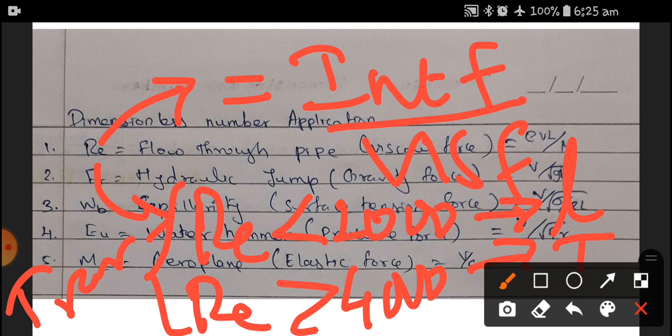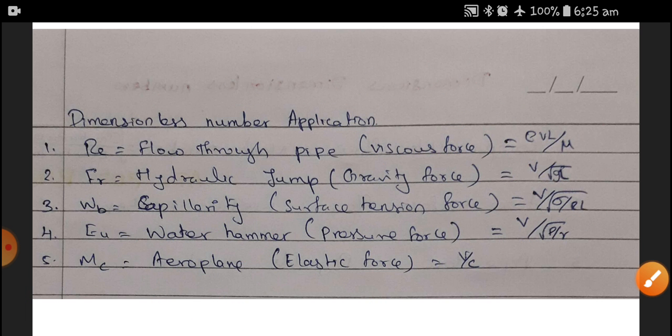Like that, in flow through pipes, with the help of the Reynolds number, we can find whether the flow is laminar or turbulent, whether it is viscous dominant or eddy dominant. For finding these things, we are using the Reynolds number.